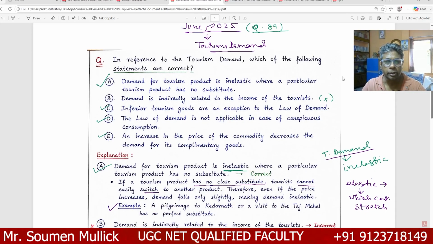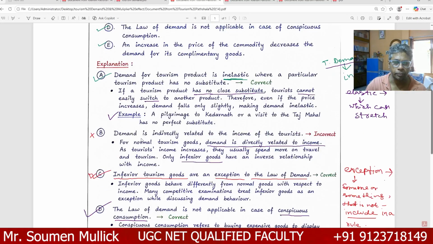The question is, in reference to tourism demand, which of the following statements are correct? The first statement: demand for a tourism product is inelastic where a particular tourism product has no substitute. What do you mean by that? This is correct.